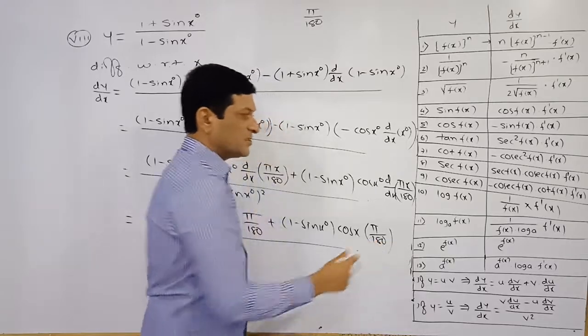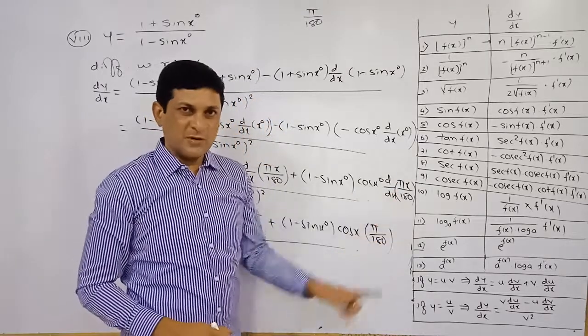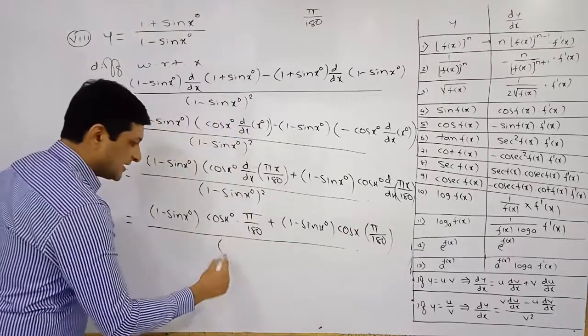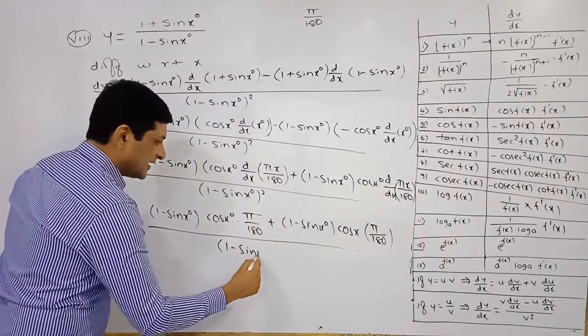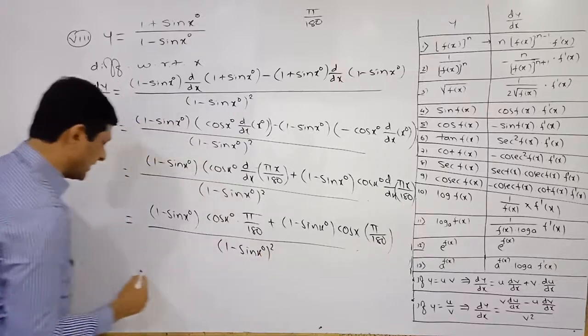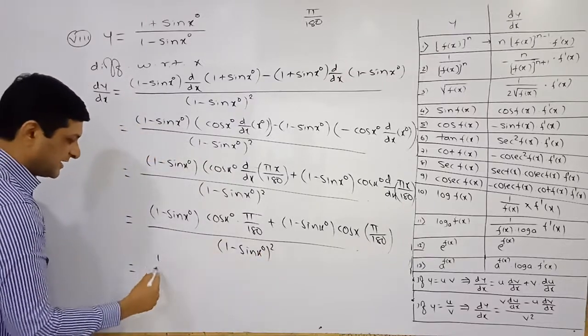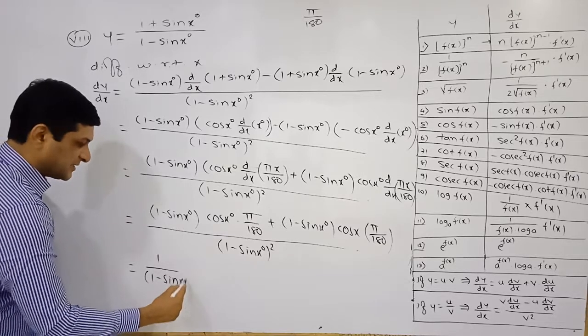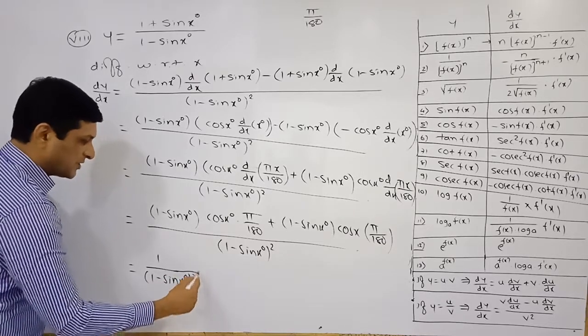We are finding the derivative of this term, and the coefficient of x will be its derivative. In the denominator, 1 minus sin x degree raised to power 2, keep it as it is. Whatever the denominator is, we are taking it on one side: 1 minus sin x degree raised to power 2.